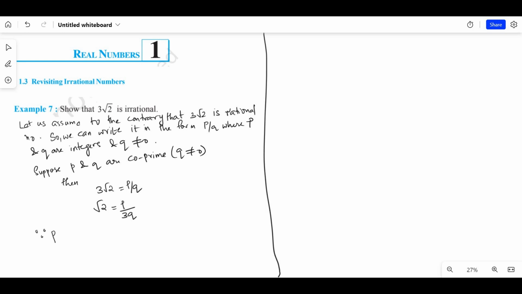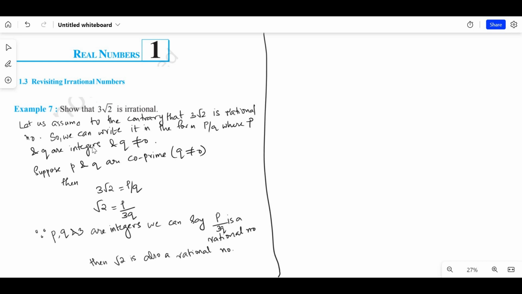Since p, q and 3 are integers, we can say p by 3q is a rational number. If p by 3q is a rational number, then root 2 is also a rational number. But we have already seen that root 2 is an irrational number.